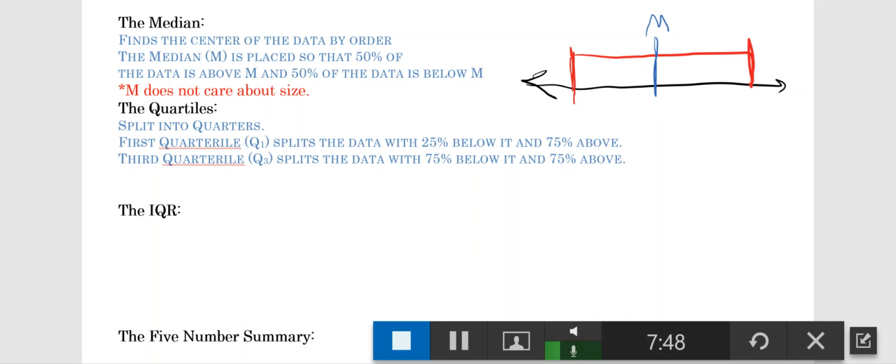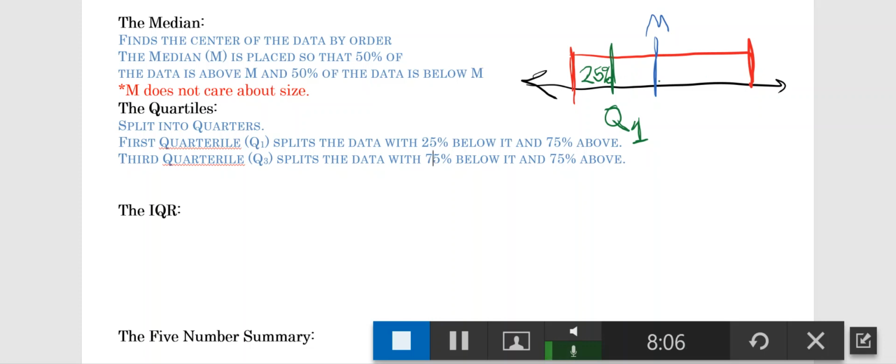And then the quartiles are going to come along and be like, no, that's not enough information. Let's split it up even further. So here's quartile number 1. So then I've got 25% right here, and 75% above.